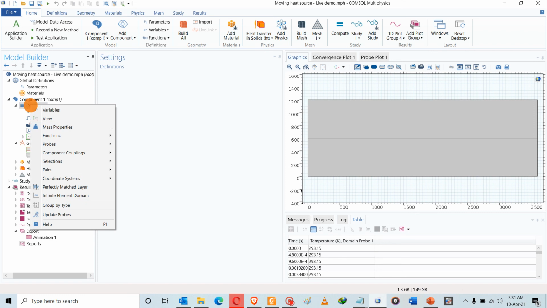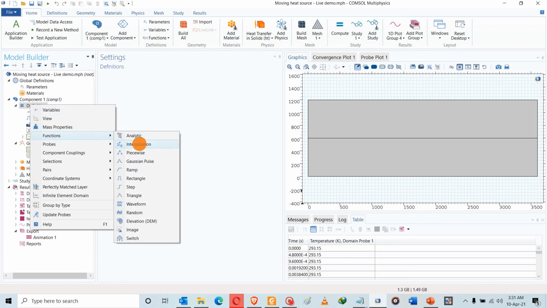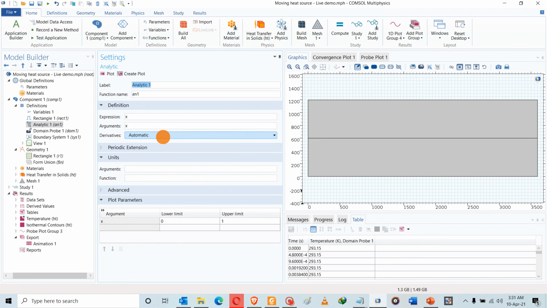And then we're going to add an analytic function.